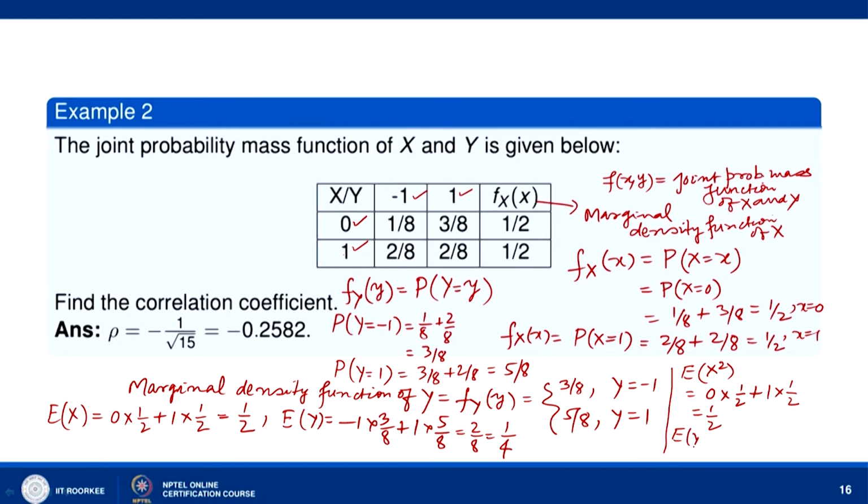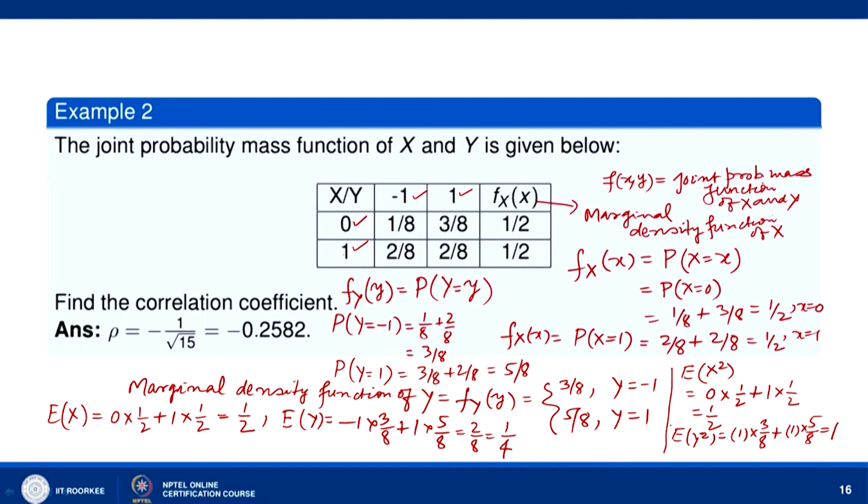Expected value of y square we can find. Now, y is taking values minus 1 and plus 1. So minus 1 square is 1, into the probability 3 by 8, plus 1 square, that is 1, multiplied by 5 by 8. So we get 8 by 8, that is equal to 1. So we have got the values of expectation of x square and expectation of y square.